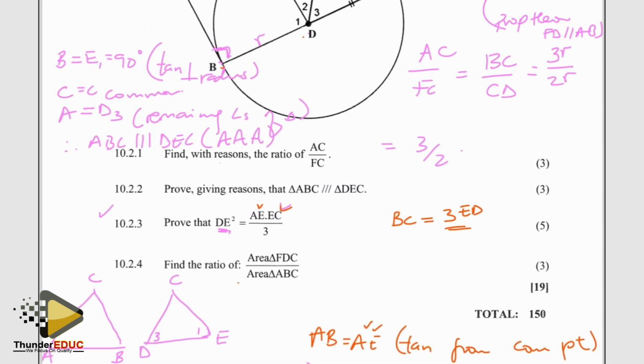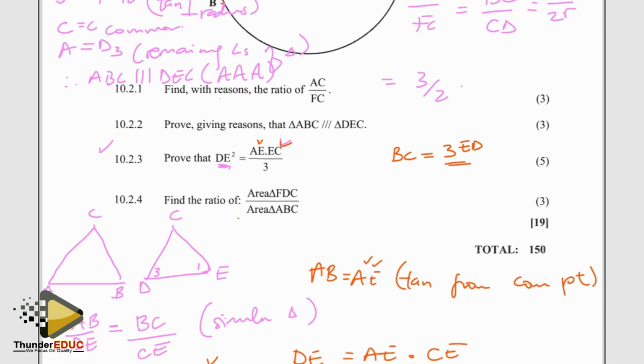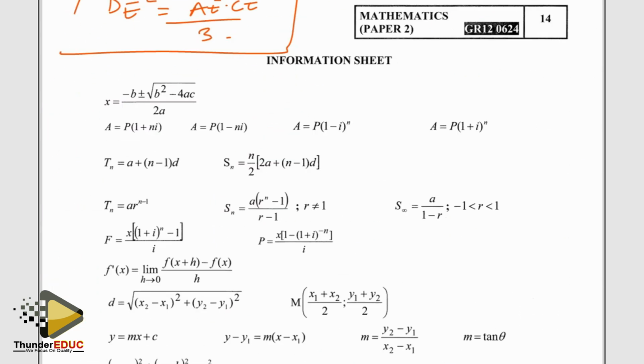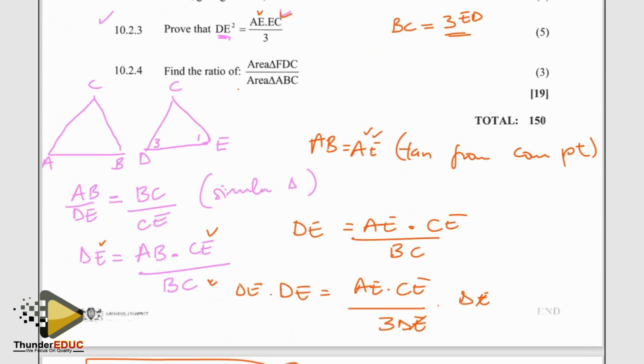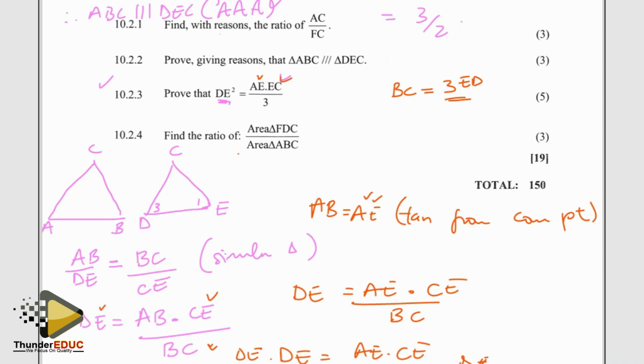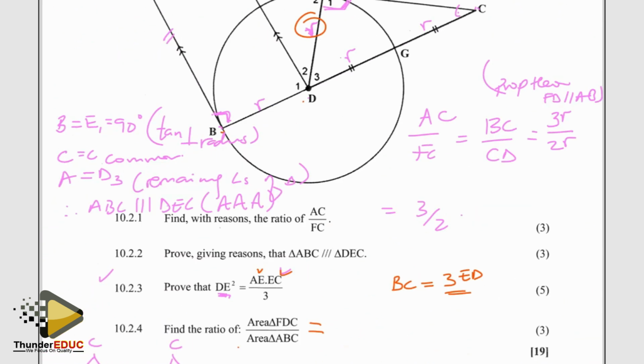Then 10.2.4. They want us to get the ratio of the area. Don't have space, but I'll squeeze it here. Okay, so our focus is area of FDC. Since this line makes 90 degrees, so it's perpendicular to this line, so I'm gonna take this to be my base for both triangles, since I need ABC and FDC.